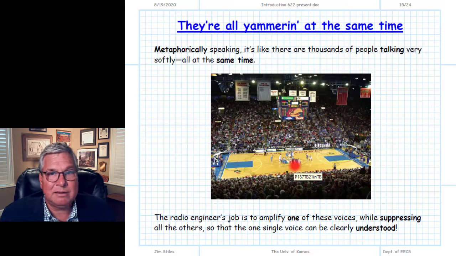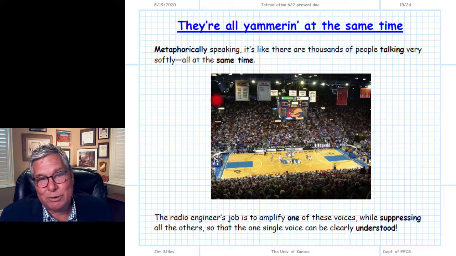So in the end, what we want at the output of the receiver is a situation where the signal appears like this one person up here is the only person. There is no one else making any noise, and that person, the one person that we're interested in, is now shouting their message so loudly that it is easy for us to understand what they are saying.